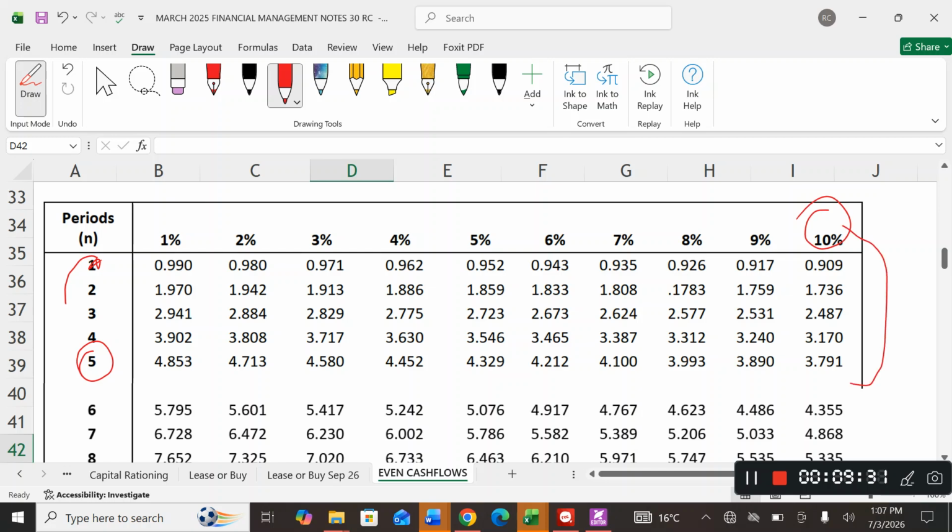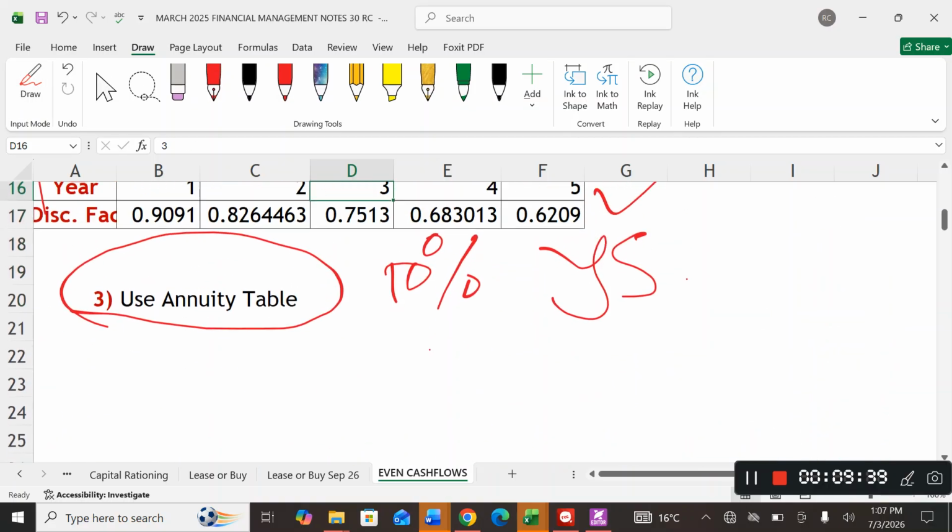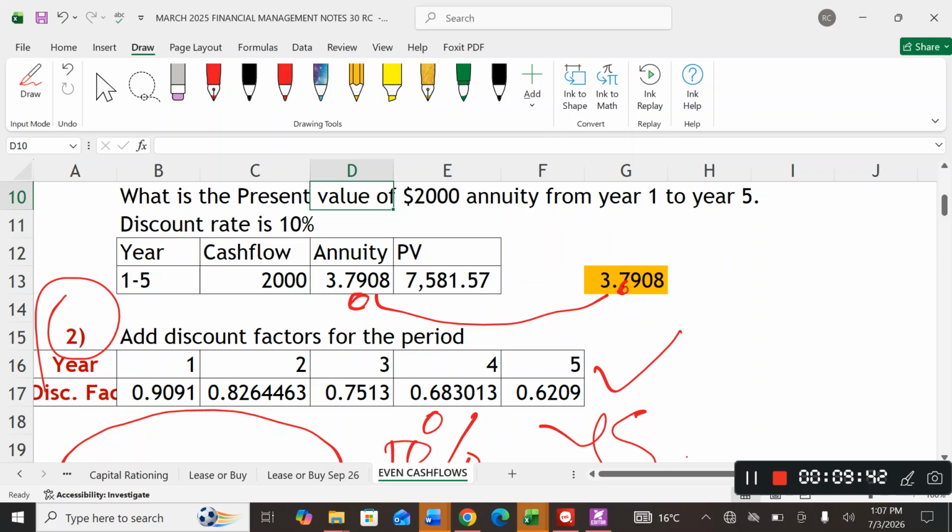So period 5 and 10% here is 3.791. This is to 3 decimal places, and it is the same as the one that we have here. So these are the 3 ways of us coming up with an annuity factor.